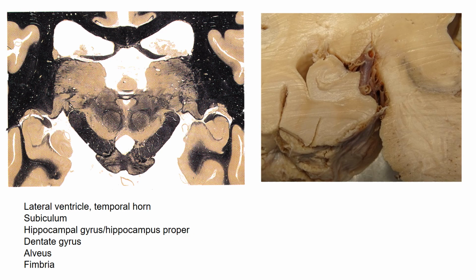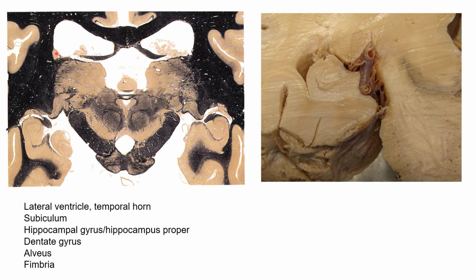Okay, so now taking a look at some cross sections, let's go ahead and orient ourselves with some stuff we already know. Let's look for our lateral ventricles here. Lateral ventricles, these are going to C-shape posteriorly and then arch around into that temporal lobe. So here is that little hole delineating the temporal horn of the lateral ventricles. And here's the other side.